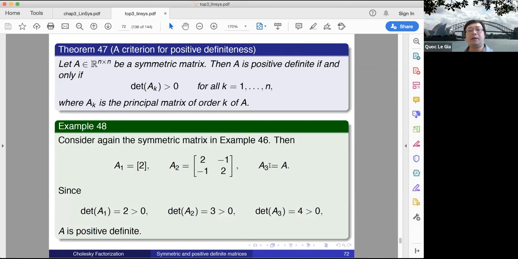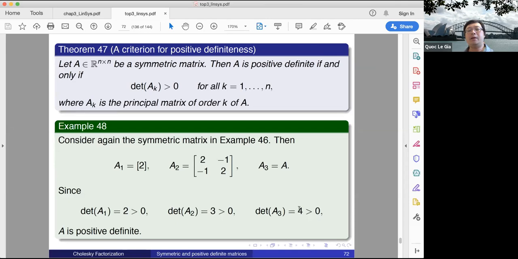And the principal matrix of order 3 is the full matrix. It's a bit lengthy to check the determinant of each one. If it is a single number, then it's easy; the determinant is just that number. But if it's a 2 by 2 matrix, you have to take 2 multiplied by 2 and then minus 1. So it becomes 3, so it's positive.